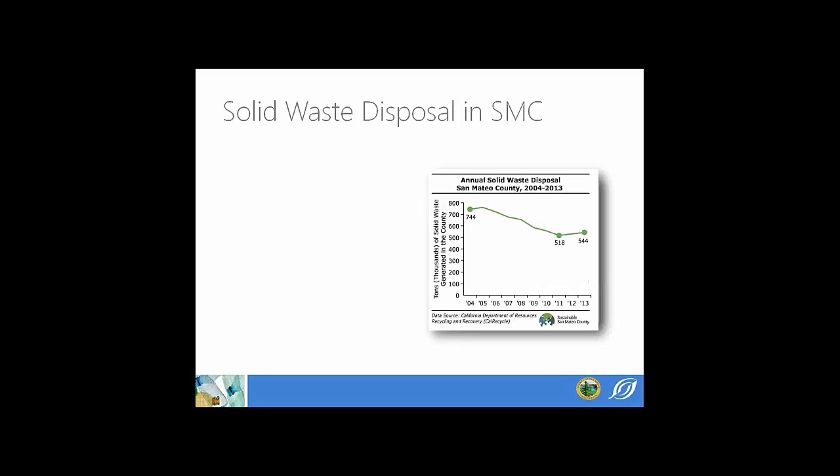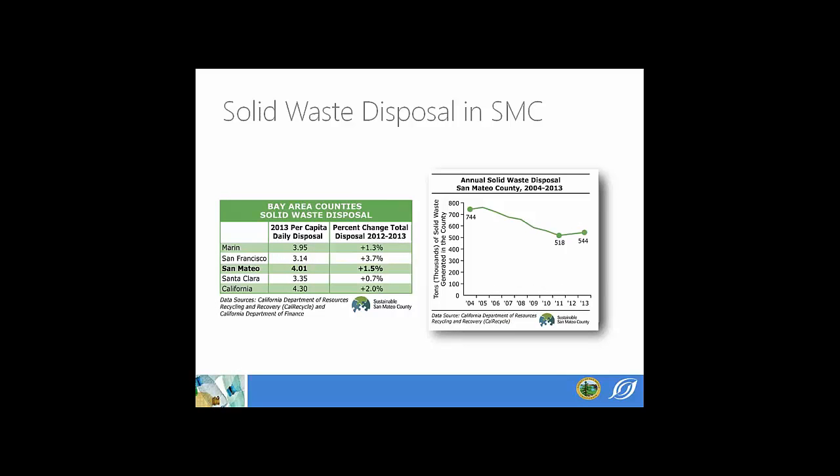It's a total of 543,000 tons of material generated in the county, and that's about 28% below the 2005 levels. So you can see where San Mateo County sits as compared to other local counties as well.